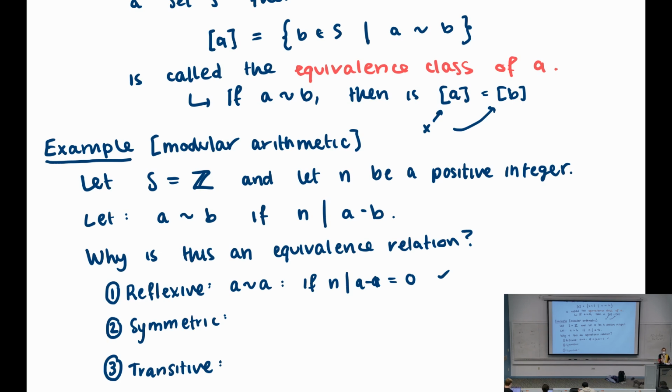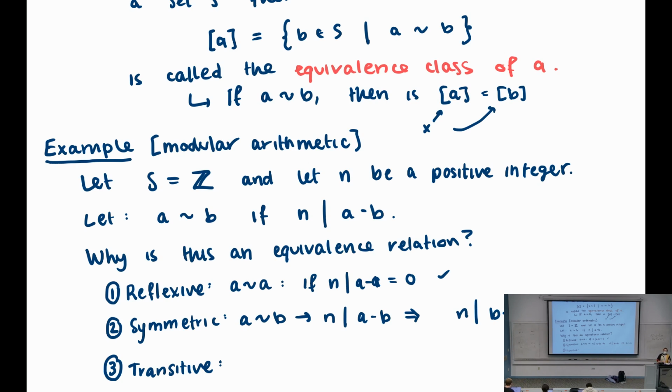Okay, what about symmetric? If n divides A minus B, then that means that n would also divide B minus A, which tells us that B is related to A.